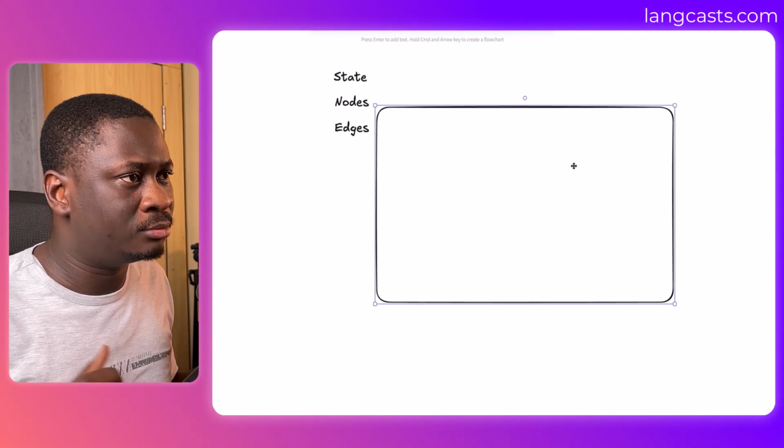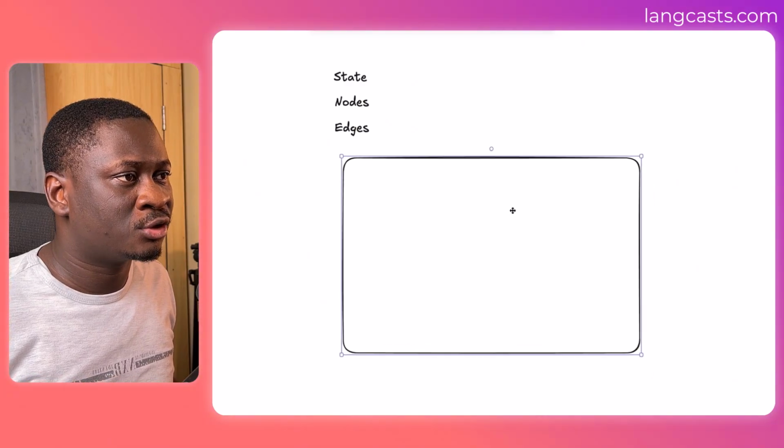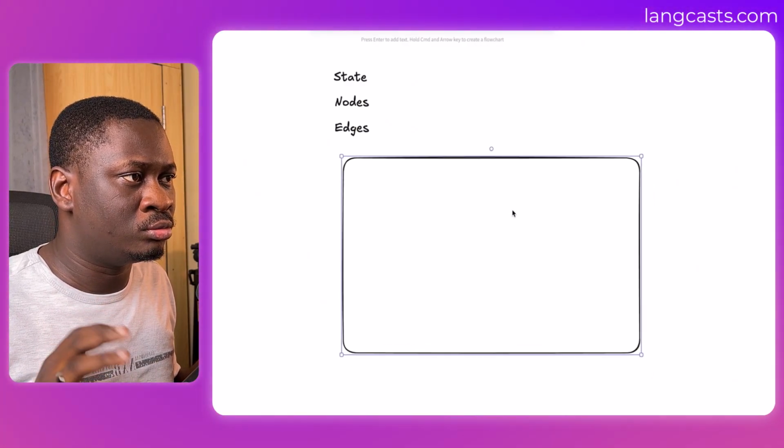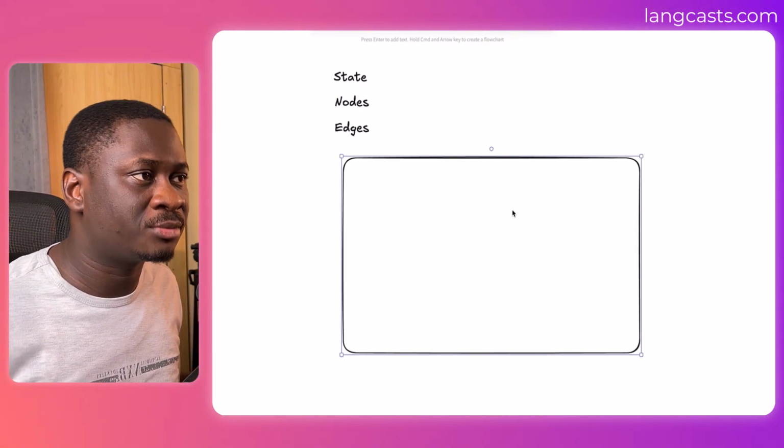Let's say, for example, we use our email example from one of the previous videos. Let's say we want an agent that just helps us create and send emails.